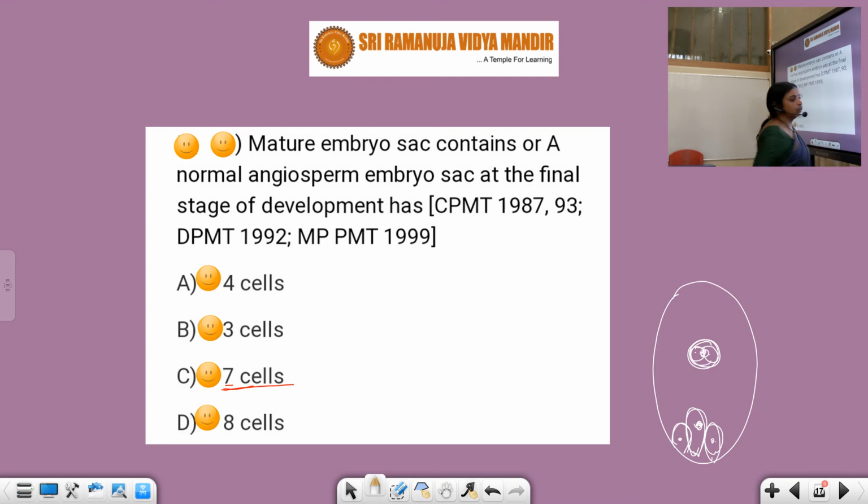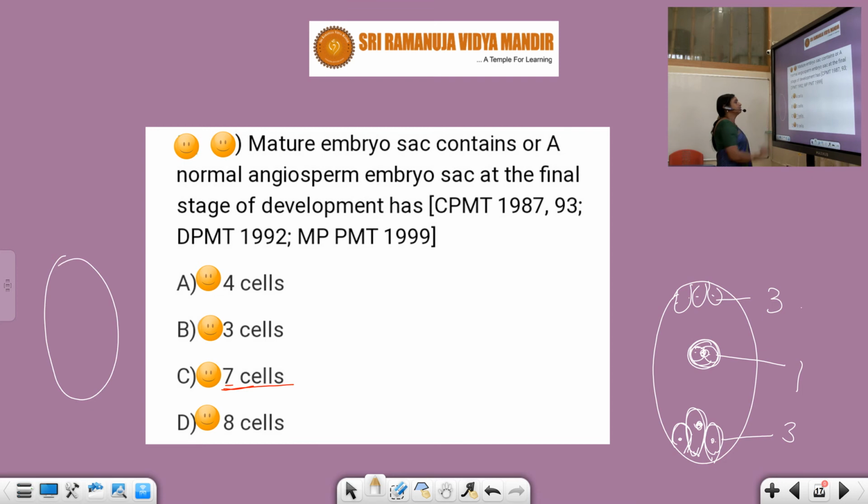So 1 central cell here, 3 cells at this end, and 3 antipodals. 3, 3, 6 plus 1, how many? 7 celled. So a mature embryo sac is 7 celled. One more question can be asked: this same question can be asked in a different way.